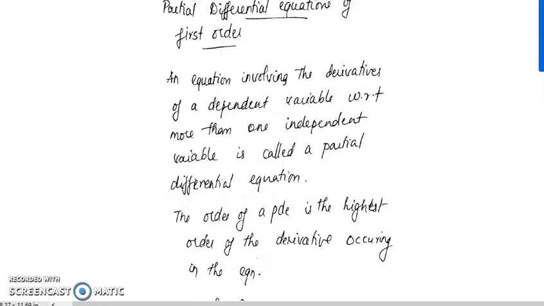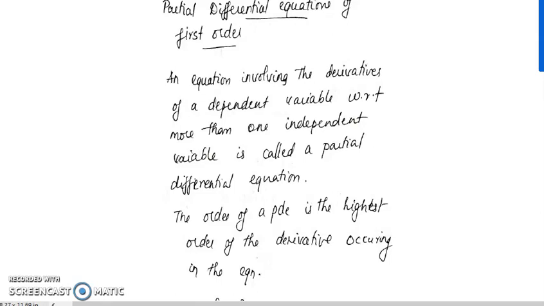So basically a partial differential equation arises when the number of independent variables is more than one. When your equation involves more than one independent variable, there are no more ordinary derivatives.